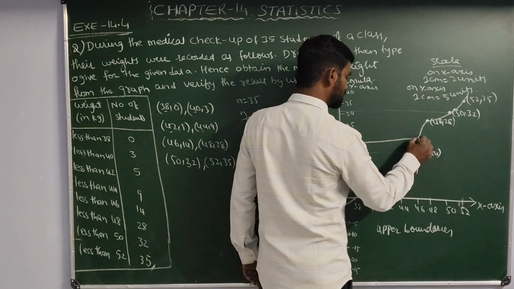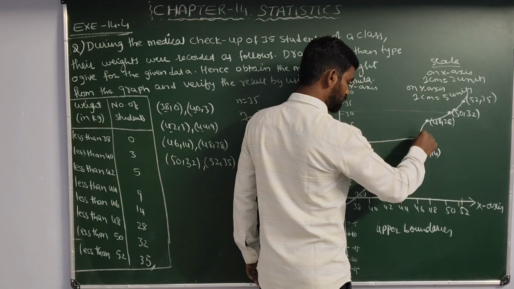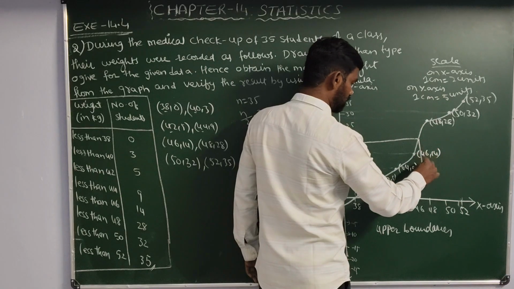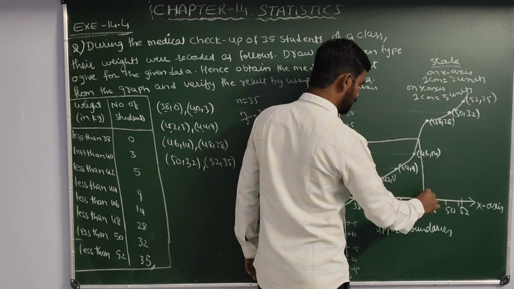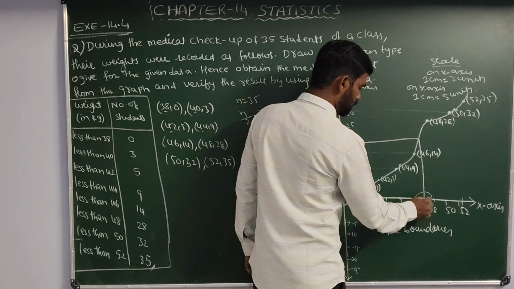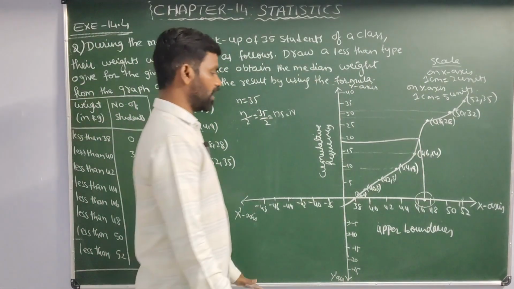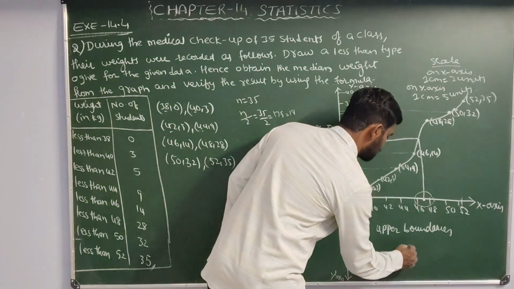This line is intersecting the graph at this point. Now with the same scale, draw a line down to the x-axis. So on the graph paper you can find that value. Whatever that value is, that value is the median.